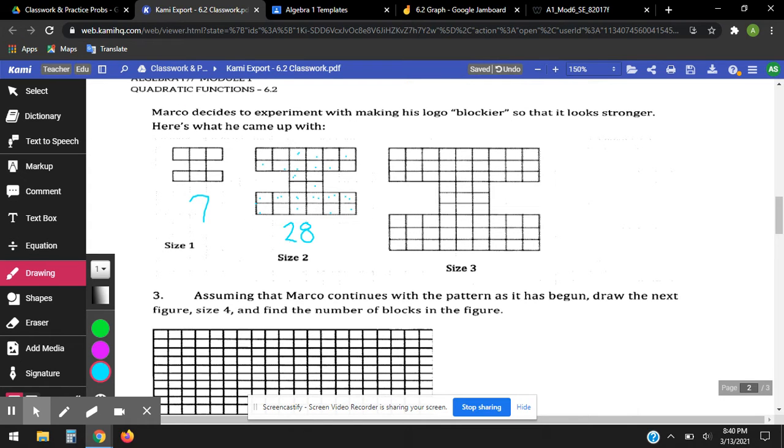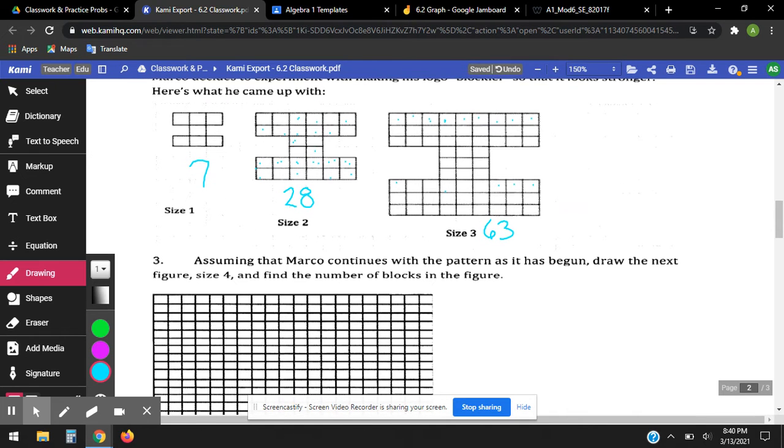Okay, so now we've got 3, 6, 9, 12, 15, 18, and the third one has 21 blocks. 21 times 3 is 63. Okay, this is getting big fast, isn't it?